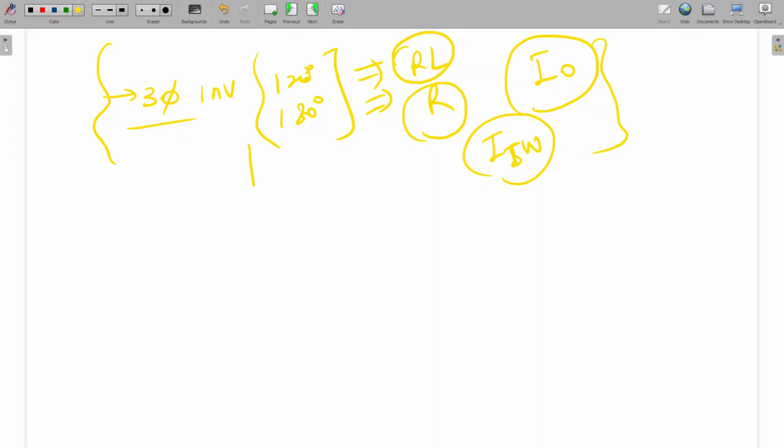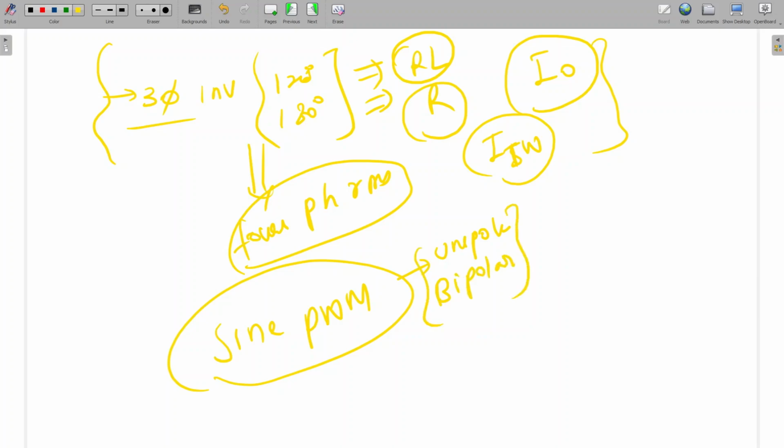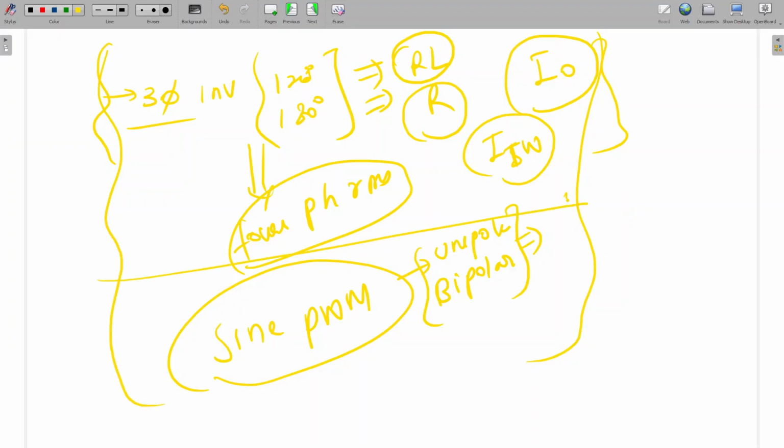Then Fourier for these 2 cases, Fourier of phase and RMS voltage. Then sine PWM, for unipolar and bipolar. These two I will discuss, and along with this I will solve all the previous year questions. Whatever inverter questions remain, I will solve tomorrow. So 5 to 7 tomorrow.